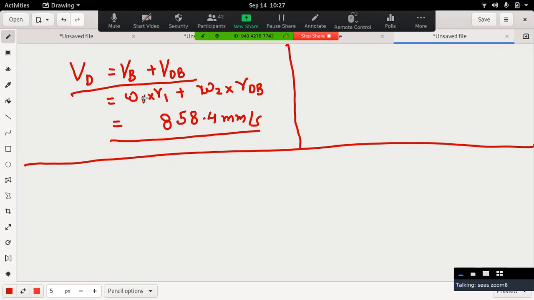There is one other method which is also very useful in order to determine the velocity. Not only useful, but it can give a ready reference to an already computed problem. If you want to check whether your analytical solution is correct or not, you can use this other method, and this other method is nothing but the graphical method.